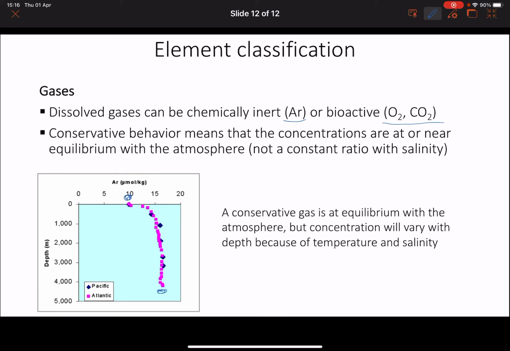But its concentration will vary with depth because of variations in temperature and salinity. And so the shape of this profile is actually a conservative gas profile. And this variation is solely driven by temperature and salinity and the impact that temperature and salinity have on solubility, and the fact that these colder deep waters can hold more gas. And so that's why gases get their own little classification here.